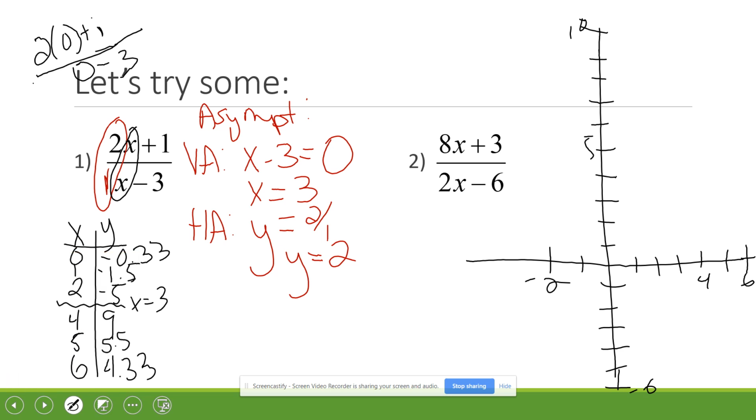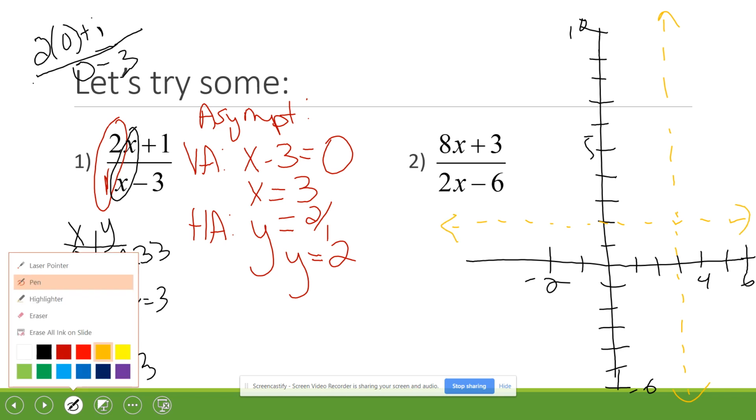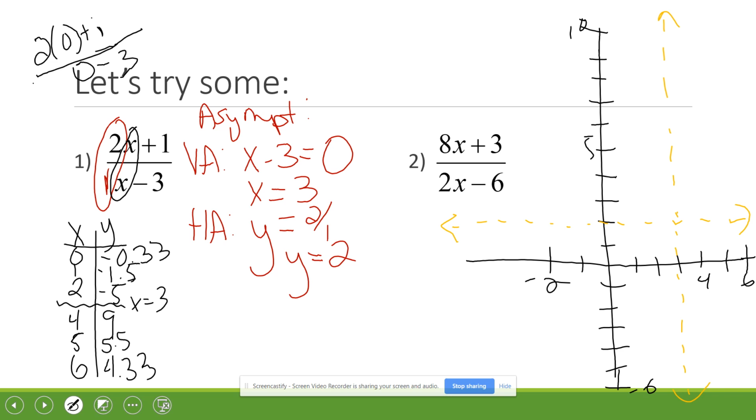And I'm going to put my asymptotes in. We have x is equal to 3 here, and y is equal to 2 here. And then plotting my points, I have 0, negative 1/3, right about here. 1, negative 1.5, and 2, negative 5.